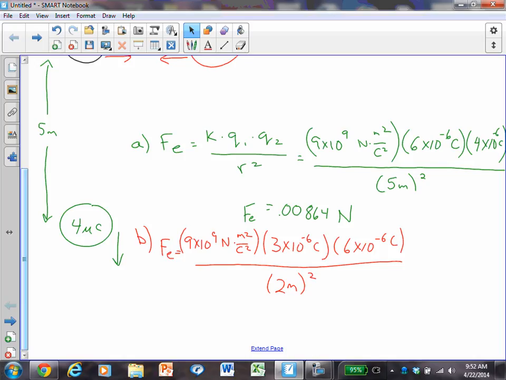So 9 times 10 to the 9 times 3e minus 6 times 6e minus 6, divided by 0.045 squared, gives 0.0405 newtons. Now we have our red force and our green force here.